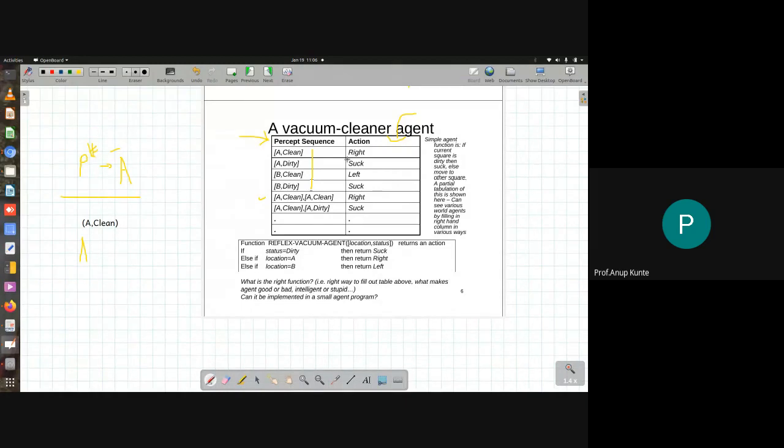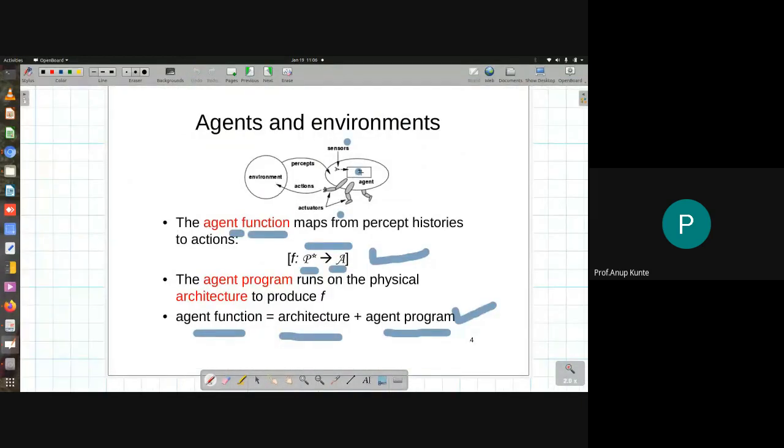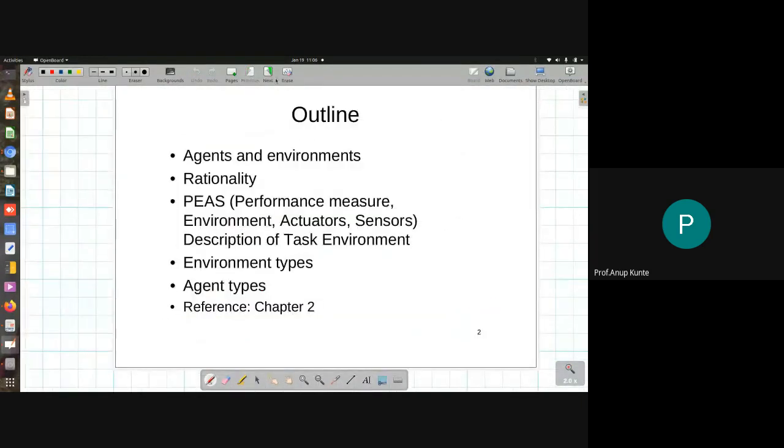Length 1 had 4 percept sequences, so how many percept sequences will there be for length 2? 16 combinations would be there, right? So if I am building my vacuum cleaner agent based on building such a table and keeping track of such a table inside my agent's question mark block, at minimum what did I have to do?